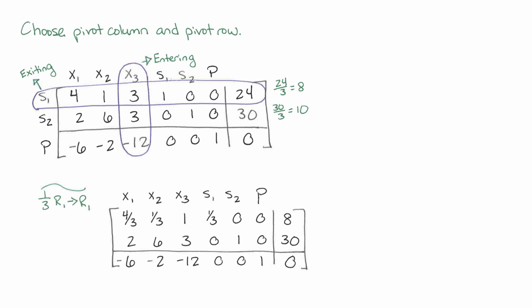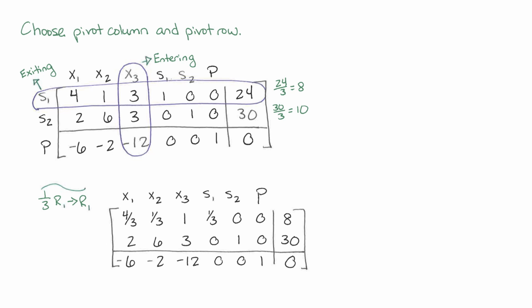So let's choose the pivot column and row. The most negative number in the bottom to the left of P is negative 12, and that's in column x3. So x3 is the entering variable. So we look at the quotient. Notice that in the x3 column, above the line, we have positive numbers in both rows.